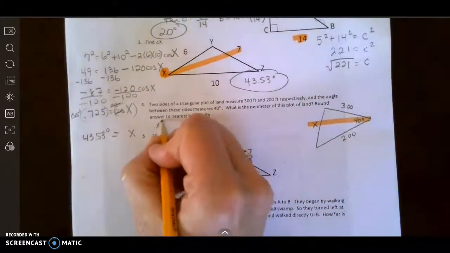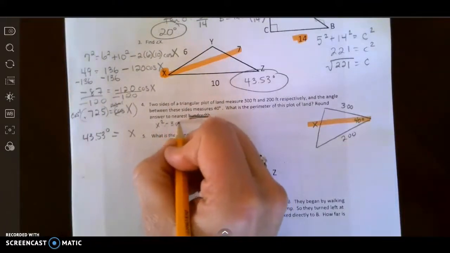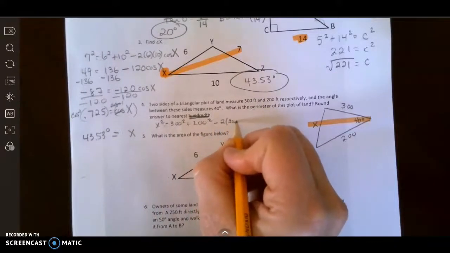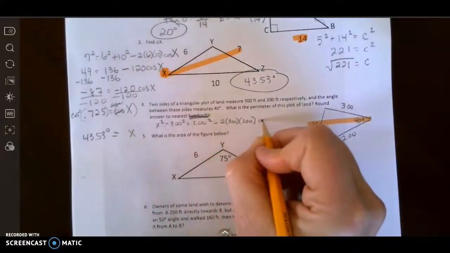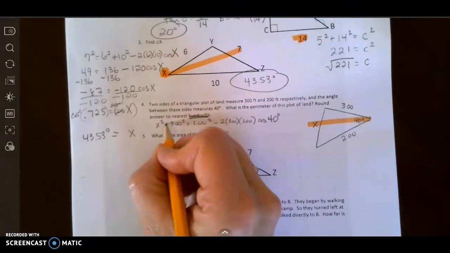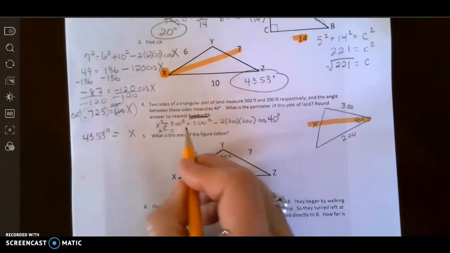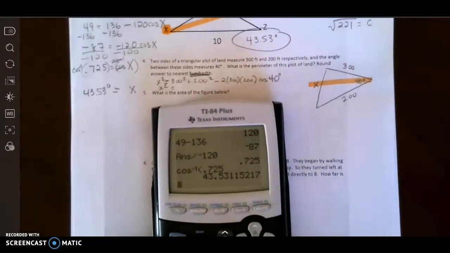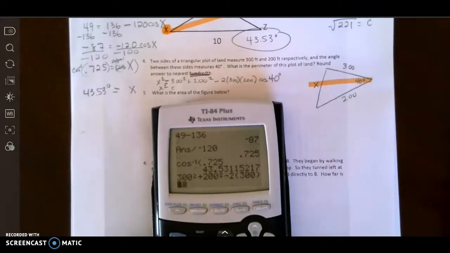So I have x squared equals 300 squared plus 200 squared minus 2 times 300 times 200 times the cosine of 40 degrees. Now remember, since there's no variables here, I can put all of this into my calculator. So I've got 300 squared plus 200 squared minus 2 times 300 times 200 times the cosine of 40.